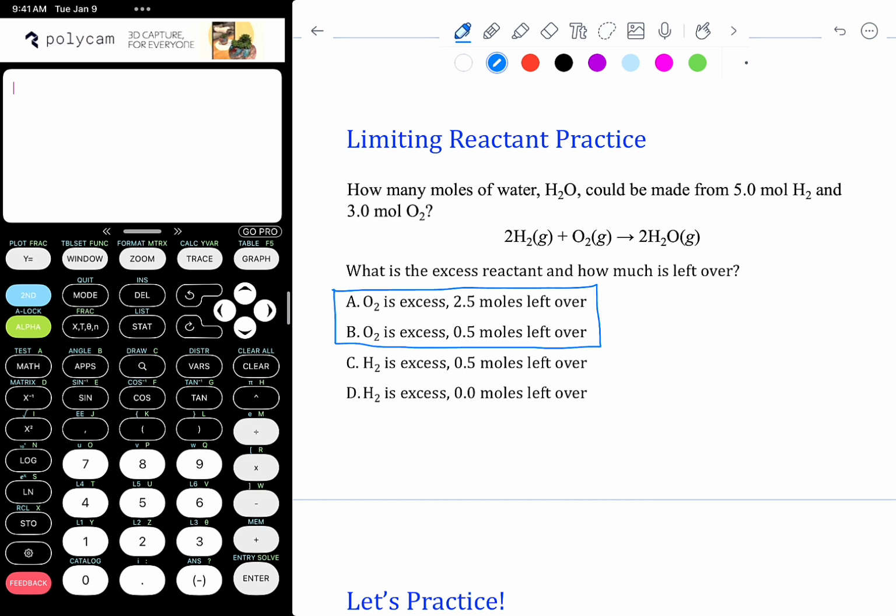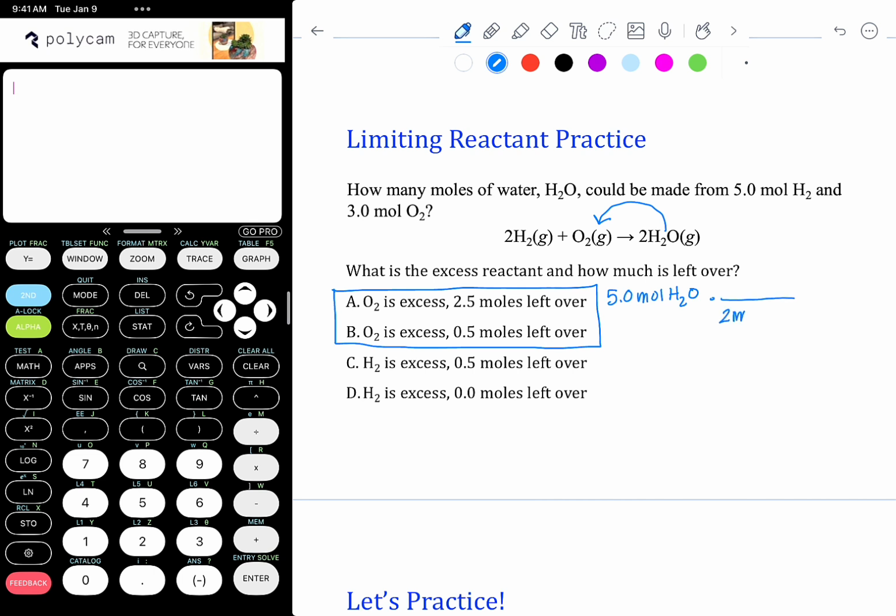So we said that the maximum amount of water that we can make is 5 moles. So we start off with 5 moles of H2O, and we want to convert that now to our excess reactant. So I want to convert it back to O2 to see how much O2 I actually needed to create that amount of water. So we're going to use our mole to mole ratio.